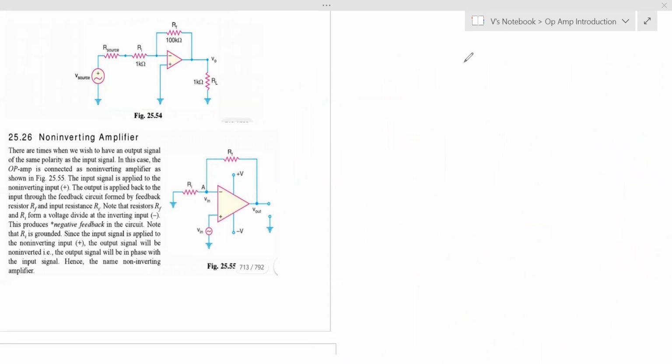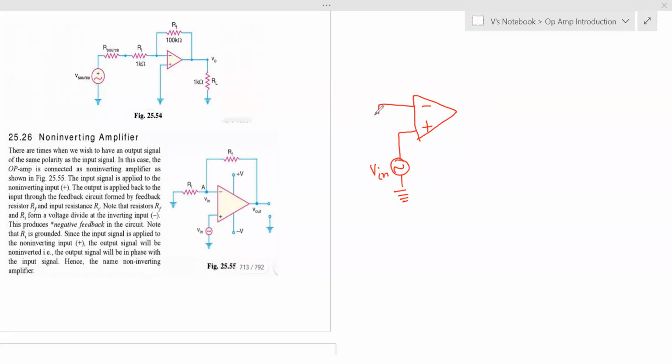So we will solve some problems based on this. Now we can remove the resistors here. What circuit are we getting? If we remove the resistors, this is the minus terminal, this is the plus terminal, and the input is connected to the plus terminal. This is Vin.